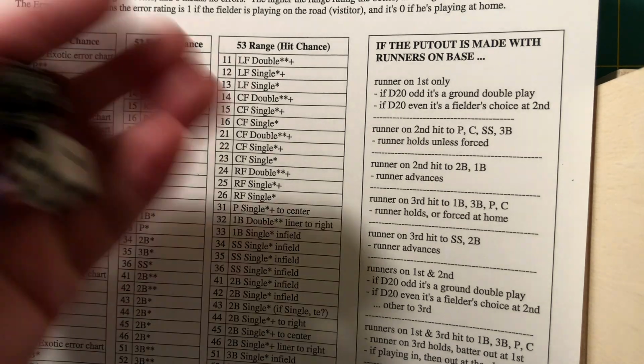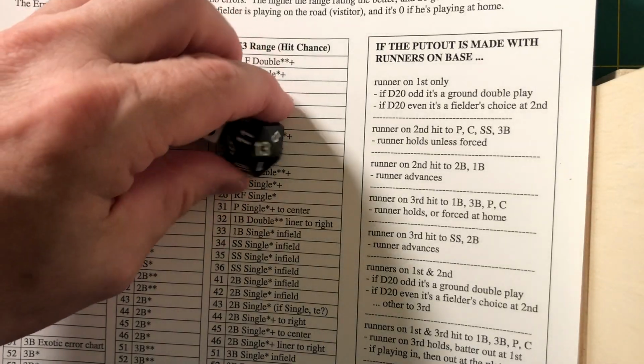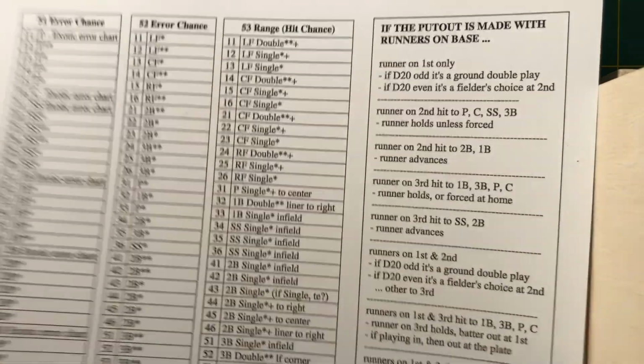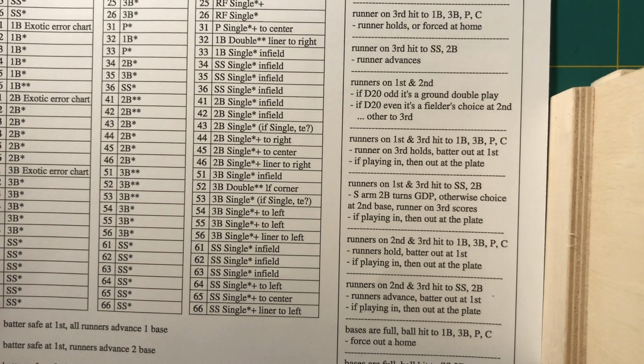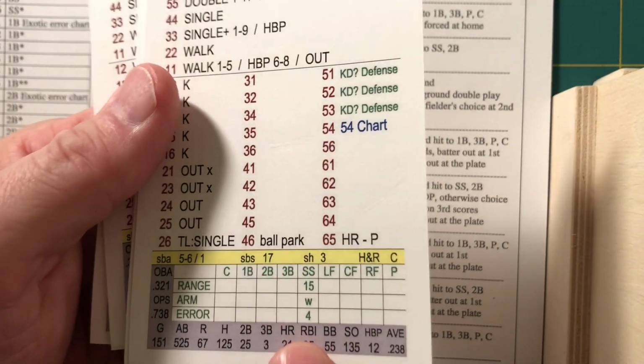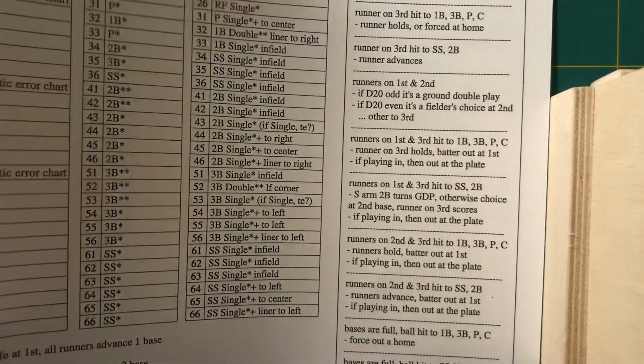The roll on the error chance is a 62 with an 11. That's hit to Addison Russell. Russell's error number is a 4. So the 11 is greater than that. He makes the play to Rizzo, and there's 2 down in the Yankee fourth.